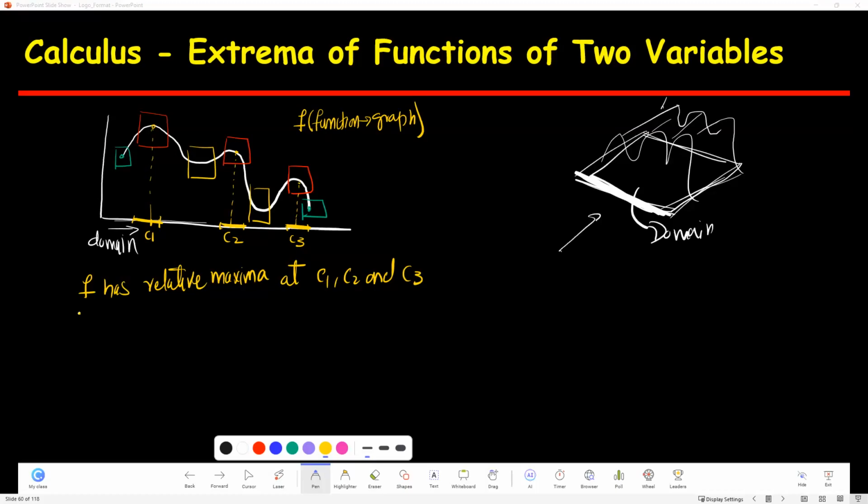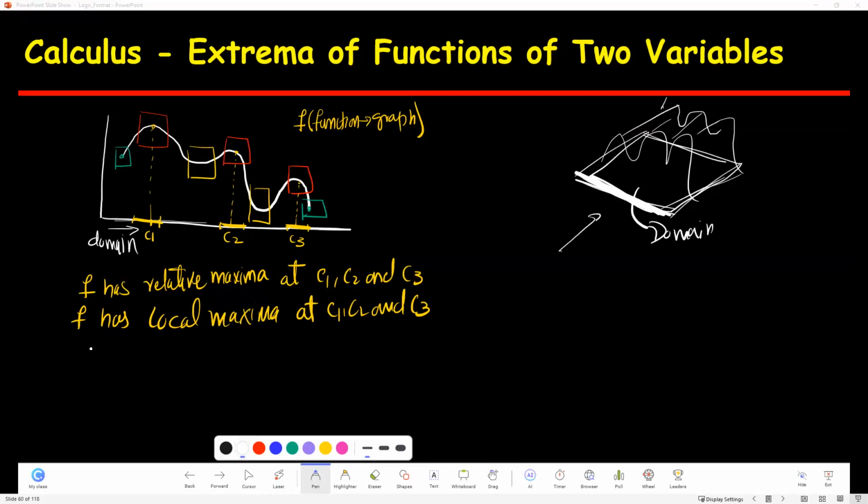F has a local maximum. Local maxima, where? Since local and relative are the same, I'm going to say the same thing. Let's go back to the second part of this. So this one is done.